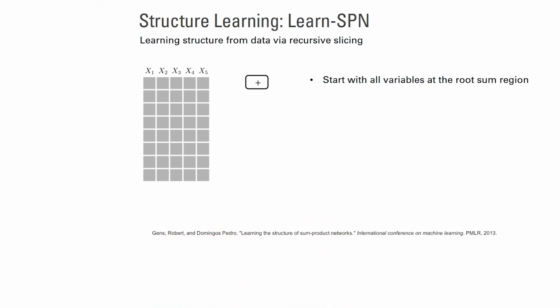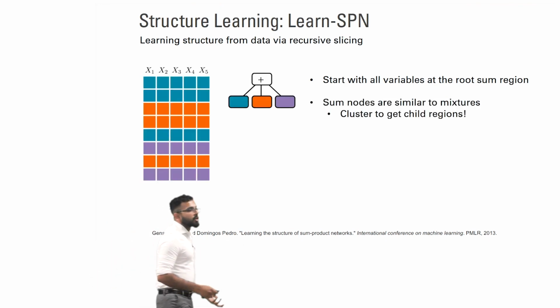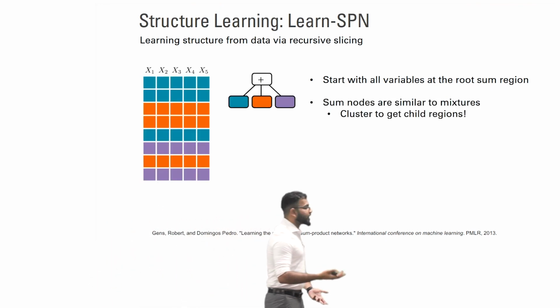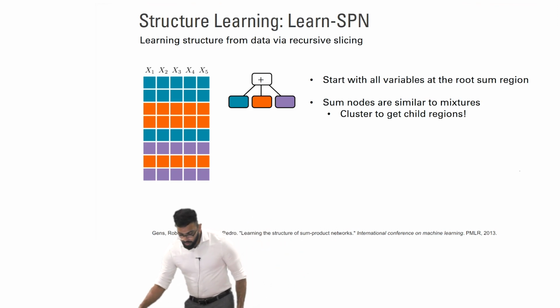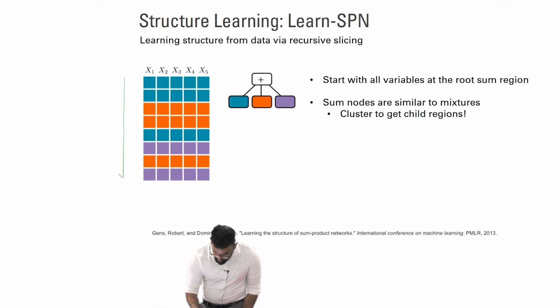So what do you do? Well, what does a sum node do? It takes mixtures, right? And one way of getting good mixtures and defining what components you need for a mixture is doing something like clustering or the k-means algorithm, where you cluster your data table. You cluster this based on the support across this, right?